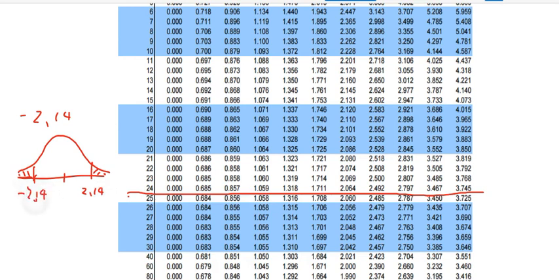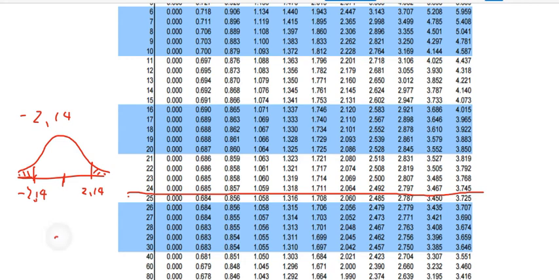Here we do not have 2.14. We do not have this cutoff point, so we can only check its neighborhood.